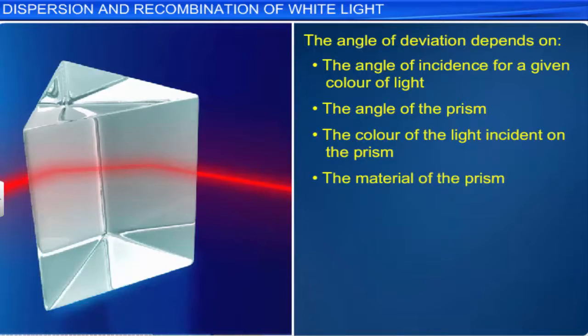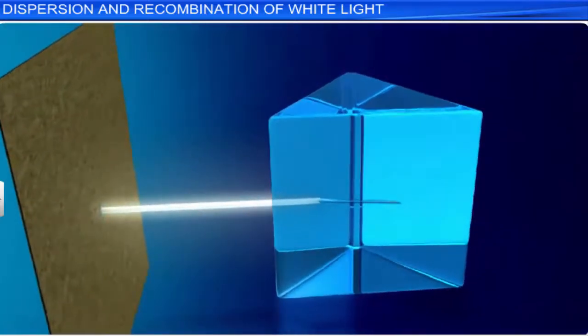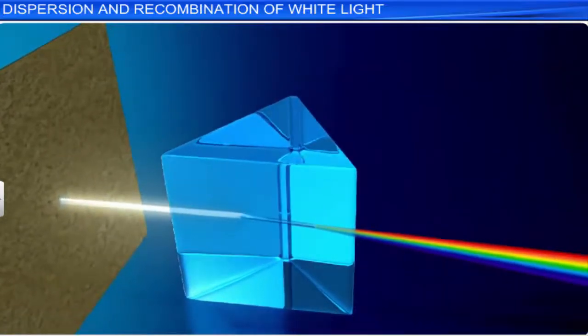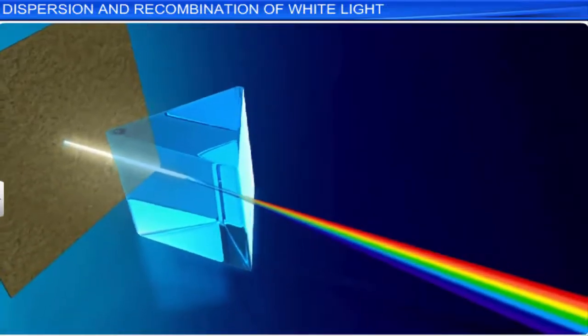Let us now allow white light from a source to pass through a narrow slit and then be incident on the prism. In this manner, a very narrow beam of light is incident on the prism. We see that when this white light passes through the prism, a beautiful band of 7 colors is obtained, which is called the spectrum.